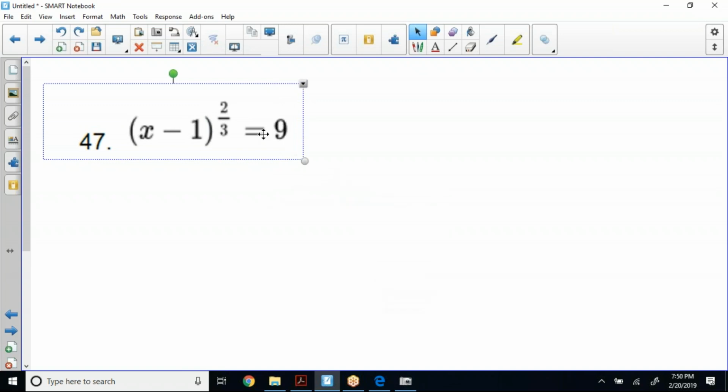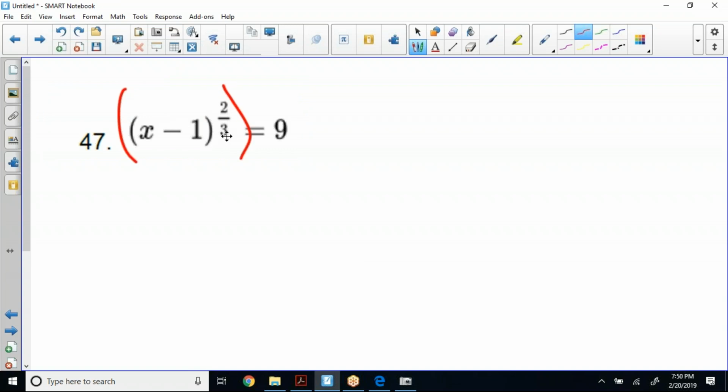Y'all remember if something is a fraction of a power, right? Y'all agree? Okay, so it's a cube root of something being squared. Would y'all be okay with that? The 3's the root, and that means x minus 1 squared. So, guys, when we get rid of a square root, we square it. We get rid of a cube root, we cube it. Well, this one, all we have to do is raise it to the 3/2 power, right?